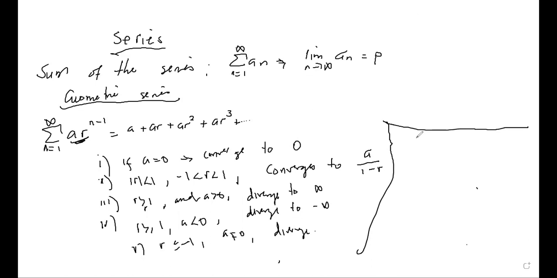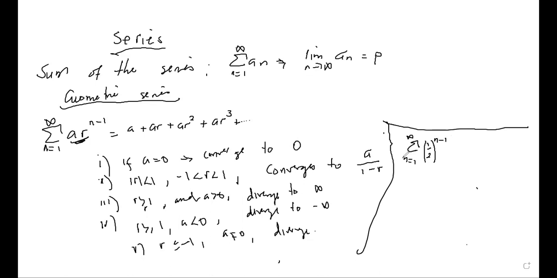An example: if I have a sum, n running from 1 to positive infinity, of 1 over 2 to the power n minus 1.